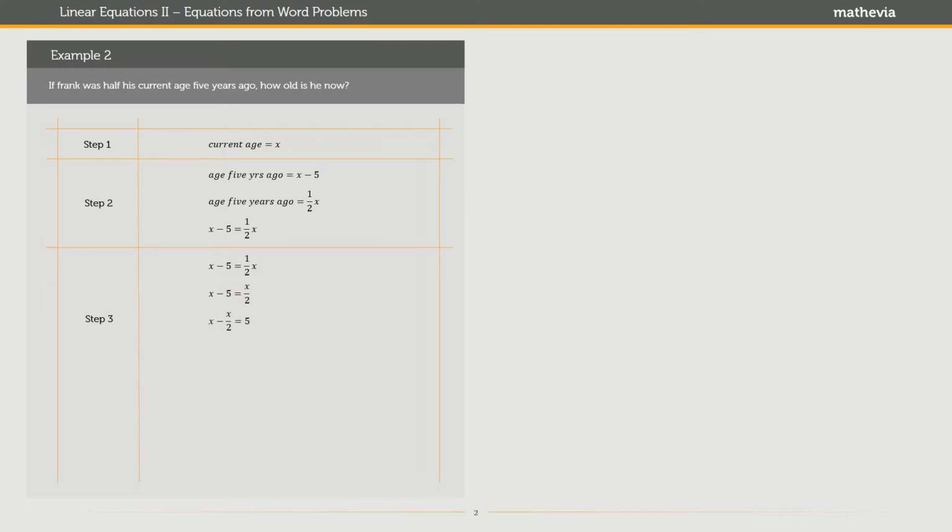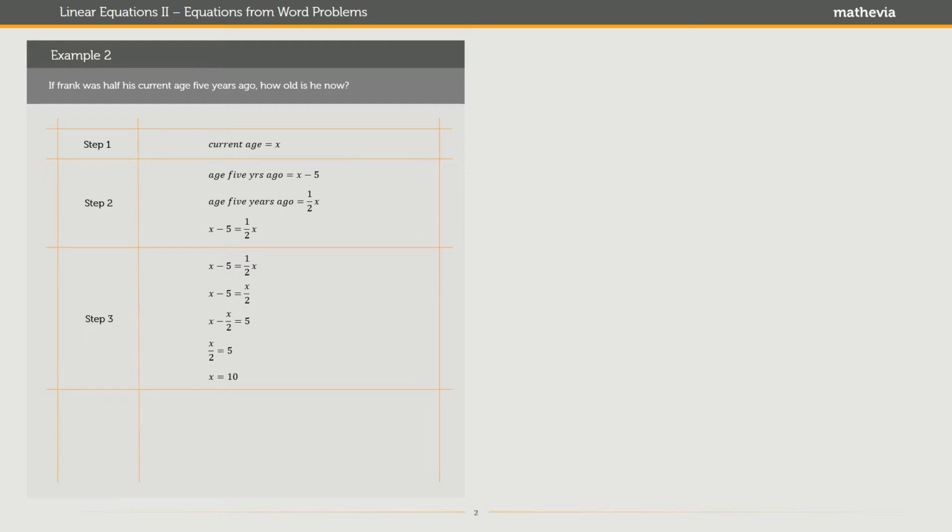We bring X over 2 over to the left and bring minus 5 over to the right, and we have X minus X over 2 equals 5, and basically from this point we just cross multiply and we have that X equals 10.